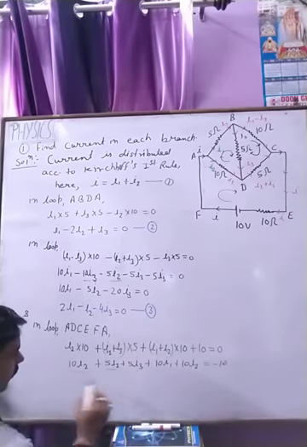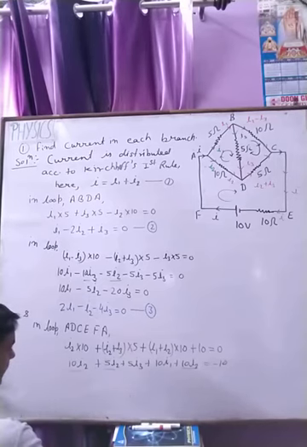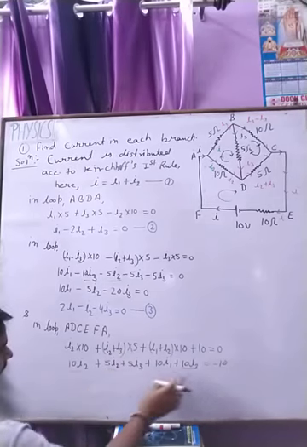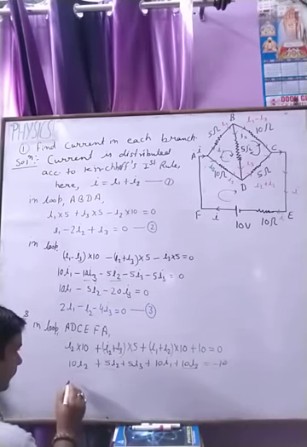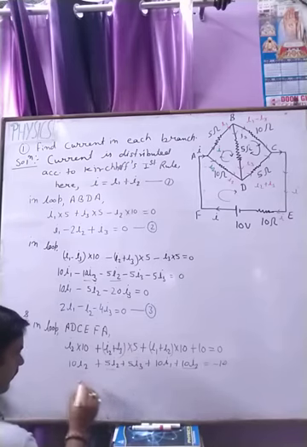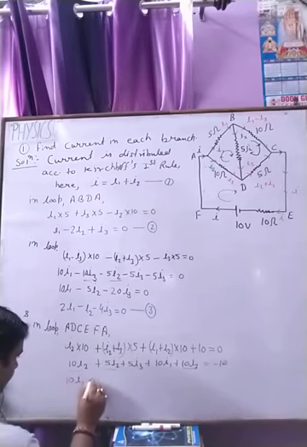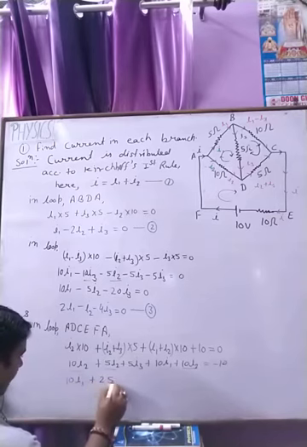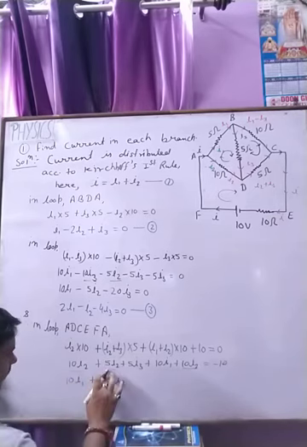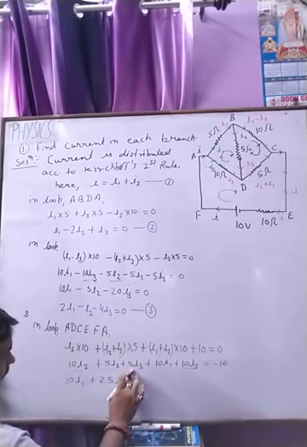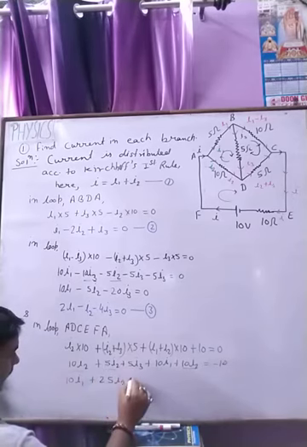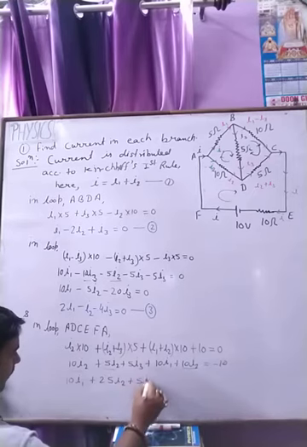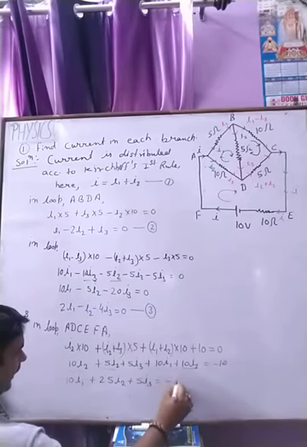I2, I2 and I2, which is 10 plus 5, 15 plus 10, so 10I1 plus 25I2 and plus 5I3 equal to minus 10.